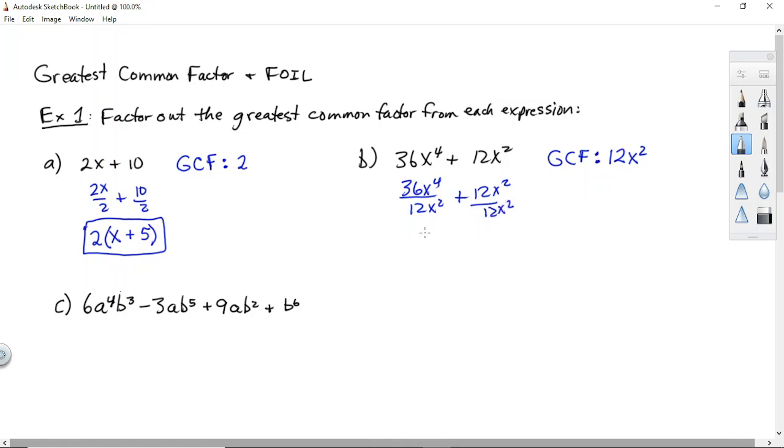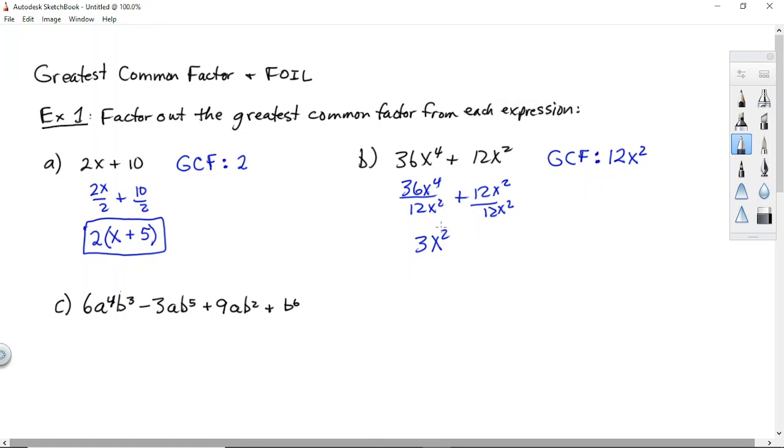And we get 36x to the fourth divided by 12x squared. 36 divided by 12 is 3. X to the fourth divided by x squared is x squared. Subtract exponents: 4 minus 2 is 2.